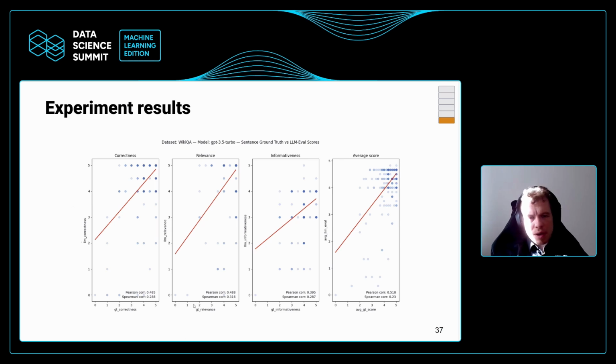And here we compare it with the LLM eval, so with the second answer, our second family of algorithms. And we see that, generally speaking, human evaluators and LLM evaluator are quite correlated. So we measure just the correlation between those answers, whether they tend to agree. And we see that generally they tend to agree, especially when it comes to average and the correctness.